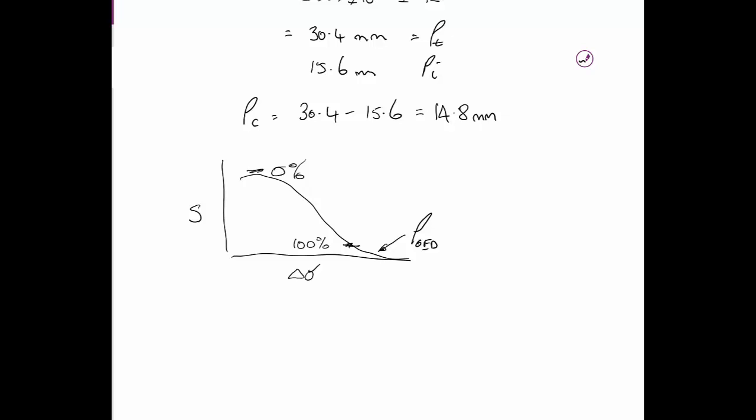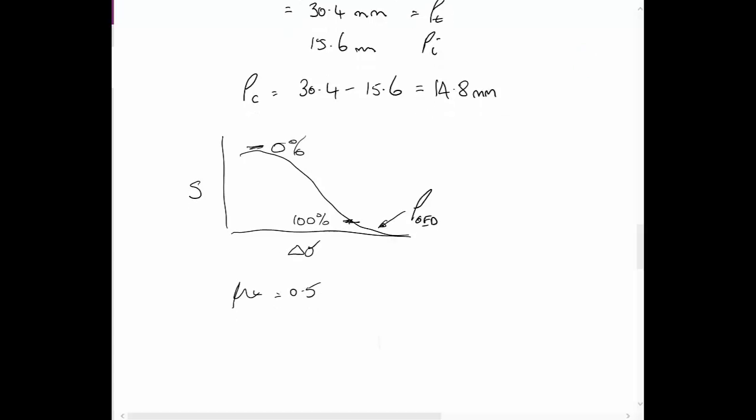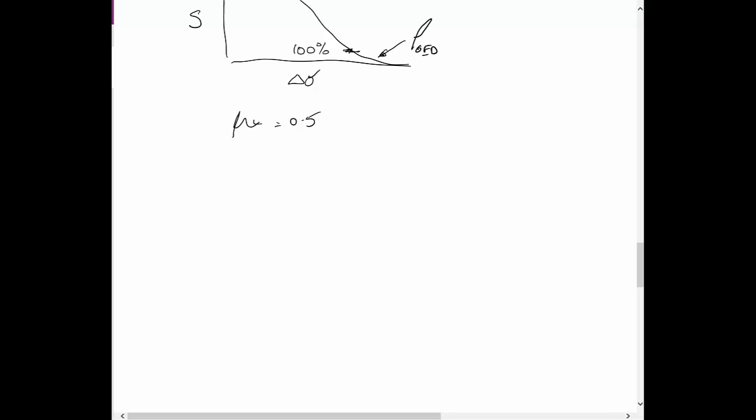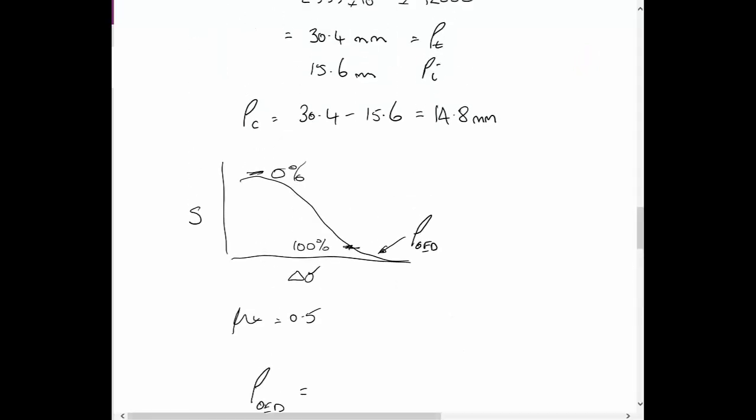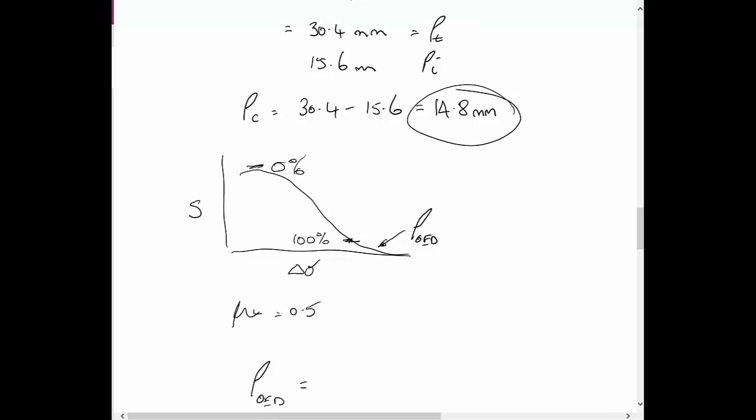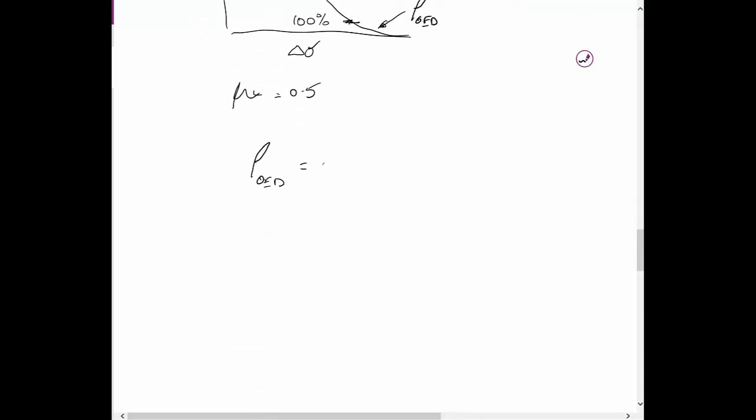And that's where this Skempton-Bjerrum mu came in. Remember we were told at the start that mu equals 0.5. Skempton and Bjerrum came up with this, and they tell us that rho odometer equals consolidation settlement, which we just calculated up here, 14.8, divided by their coefficient mu, which is 0.5.